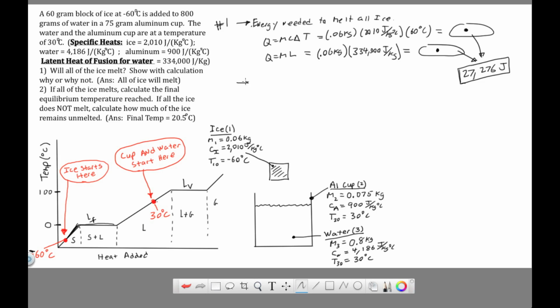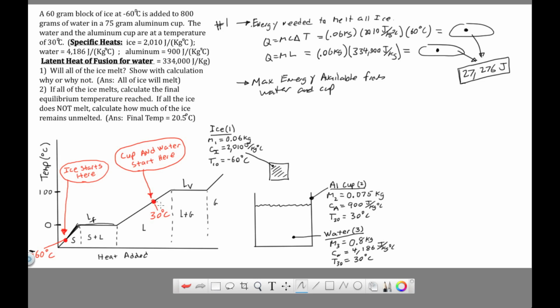Okay, second calculation. We're going to find the max energy available from the water and the cup.